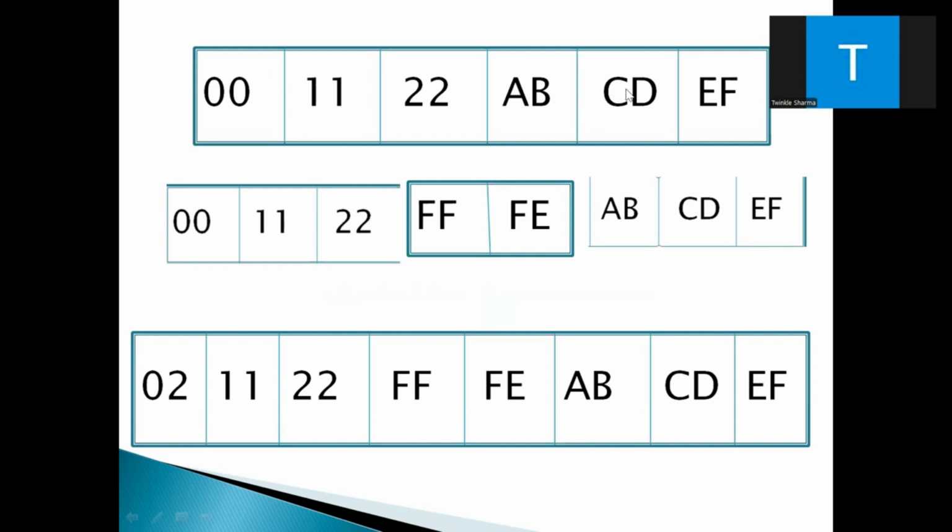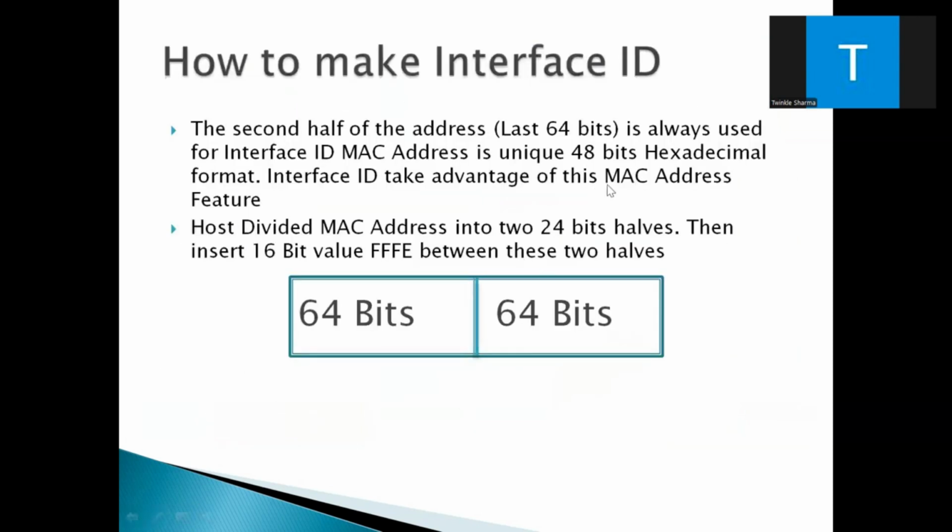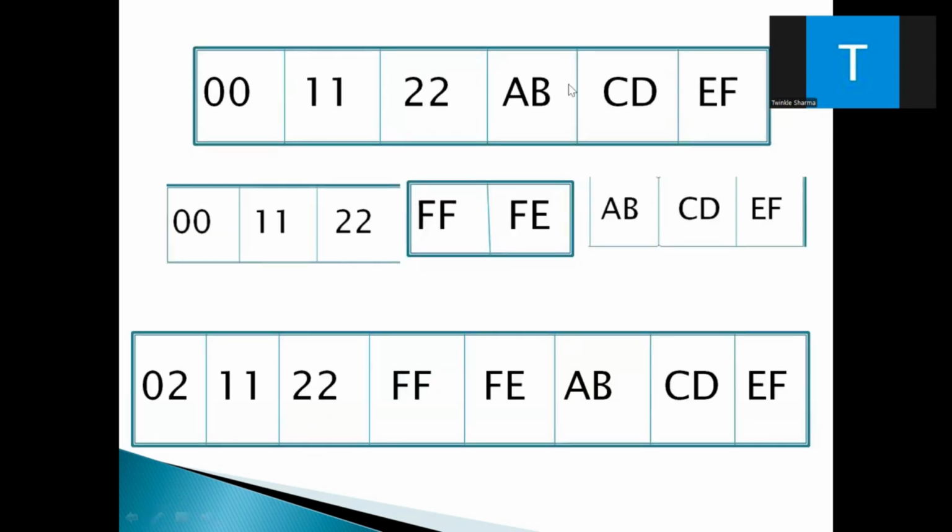So what we have to do is break this into two pieces, as we have read here, and fix FFFE between these two halves, right? We break this in two like a Kit Kat chocolate, then we add FFFE, then we have this.